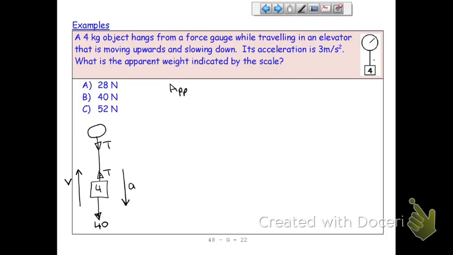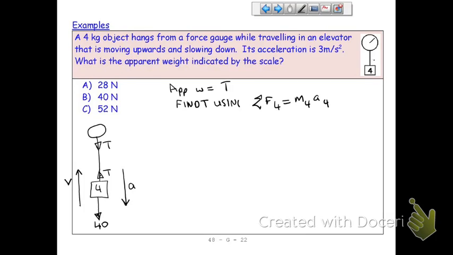Apparent weight equals T. Find T using, if you like, the sum of the forces on the 4 equals the mass of the 4 times the acceleration of the 4.